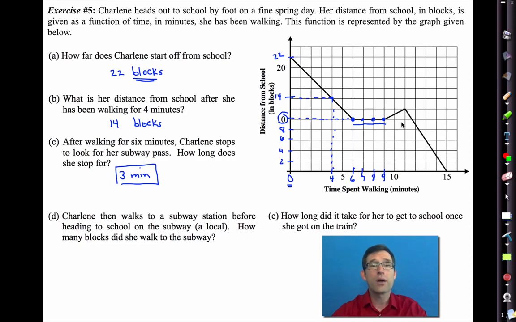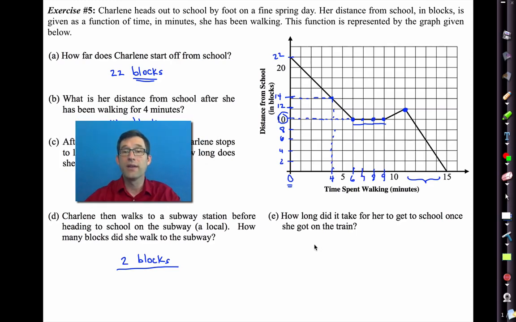So maybe you have to walk a little bit away from the school simply to get to the subway stop. So it's at this point, right, that she's actually traveling on the subway. This is when she's on the subway. So how many blocks did she walk to the subway? Well, right here she's at 10 blocks. Right here she's at 12 blocks. So she must have walked 2 blocks to the subway.